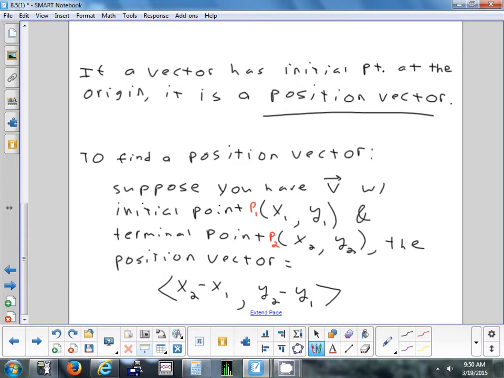And that's helpful to have, because once we have that vector, if we wanted to start at the origin, just go left or right however many units you get for x2 minus x1, and then go up or down however many units you get for y2 minus y1. Putting your initial point at the origin is always a good idea.